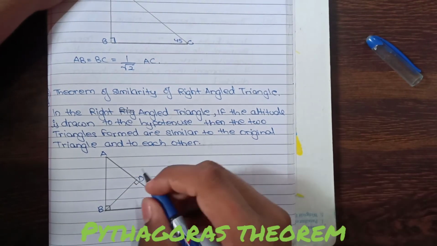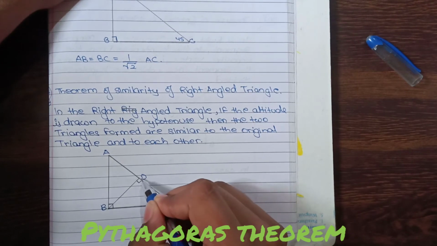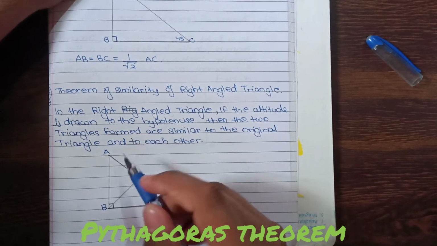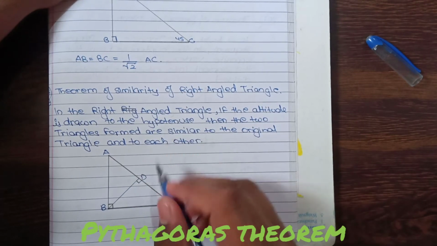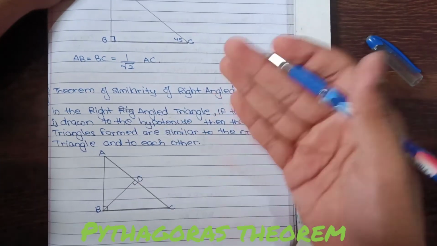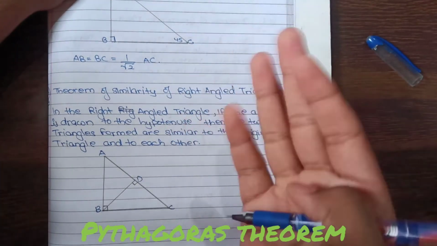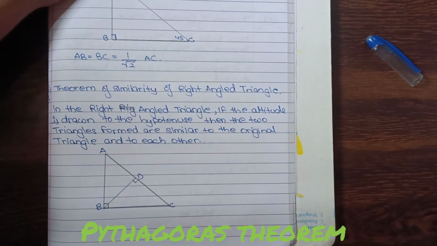It means that if we draw an altitude from this point to the hypotenuse, that is BD, then this triangle and this triangle are both similar to each other, and both are also similar to the bigger triangle. This is what they want to say by the theorem of similarity of right angle triangles.